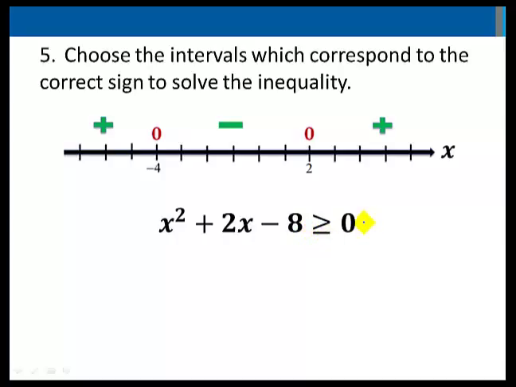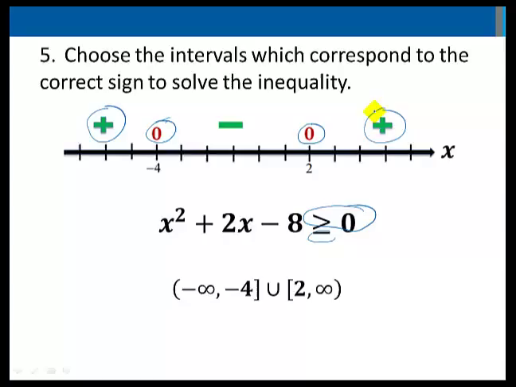This is going to happen where the function f of x is equal to 0 at negative 4 and 2, and also where the function is greater than 0, or where we have plus signs for f of x. So the solution here will be all x values from negative infinity to negative 4, including negative 4, union all x values from 2 to infinity, including 2. This will be our solution.